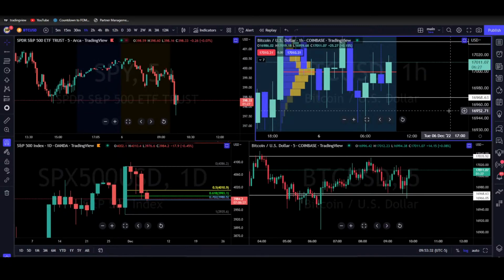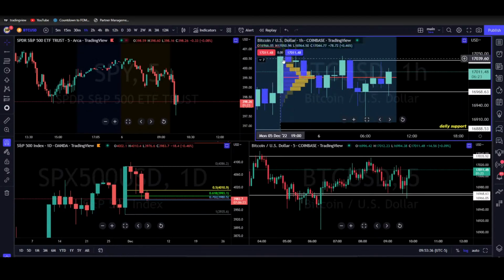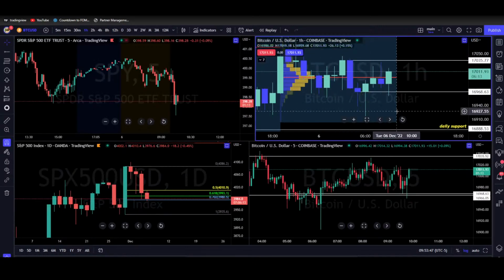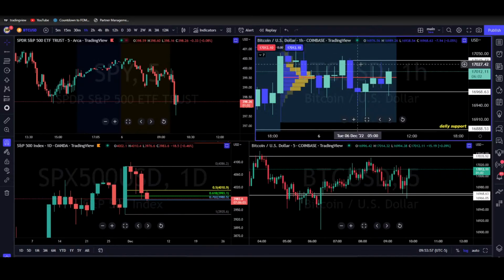But we already know, based on the data that we currently have, this is the operating range. You're either going to be a seller at $17,035 or you're going to be a buyer at 16,968. It's the range the market has already predetermined.